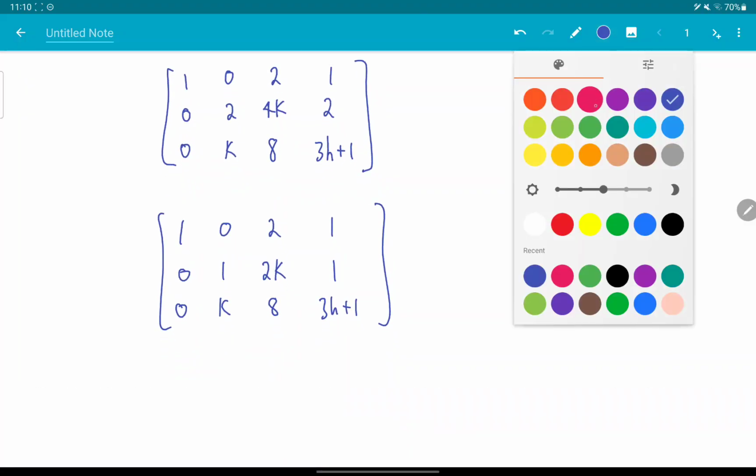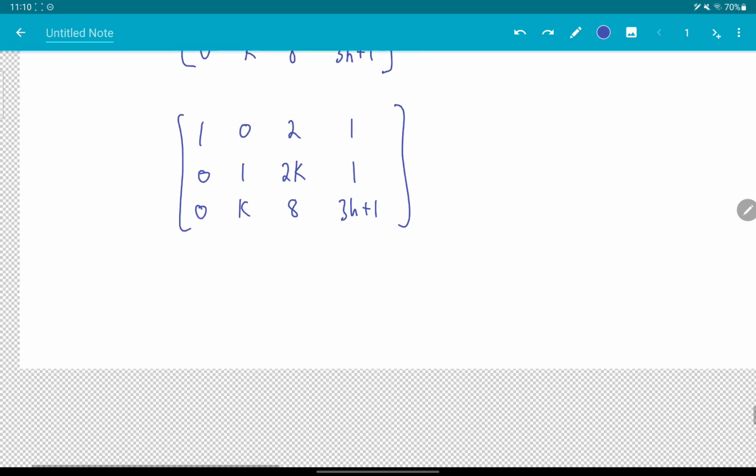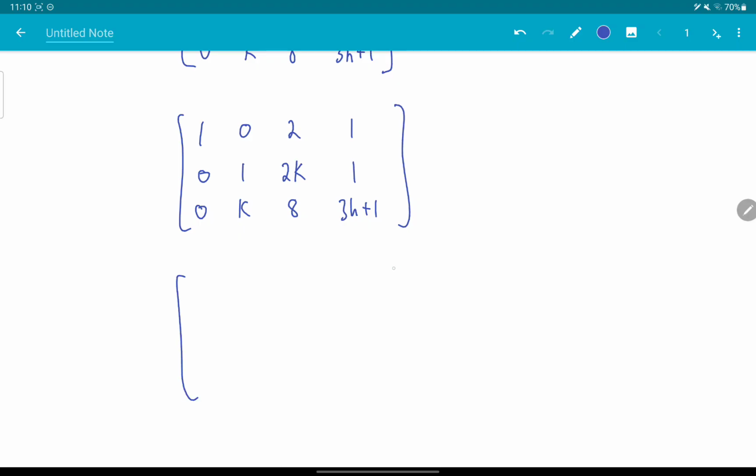Because now I can create a 0 right here by doing the following operation. Now the K is a bit strange, but what I'll do is just row 3 minus K times row 2. Can I do that? Yes, I can do that.